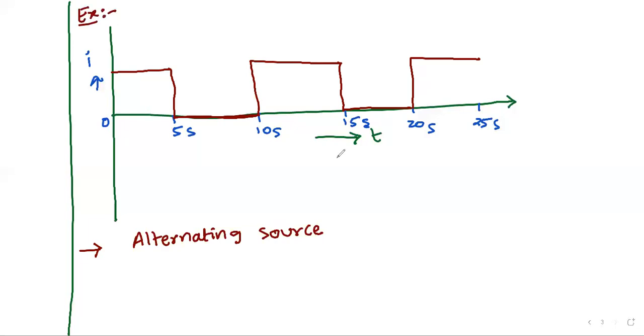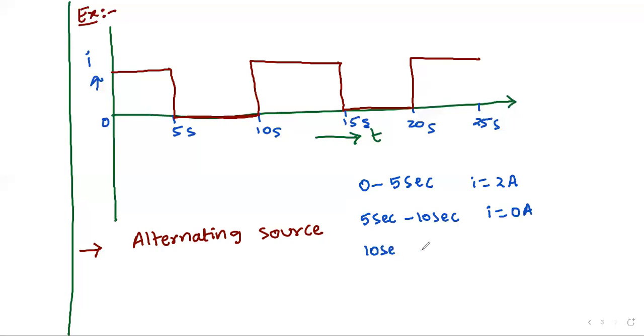Example: draw this diagram and write down the data. 0 to 5 seconds, current flowing is 2 ampere. 5 seconds to 10 seconds, current flowing is 0 ampere.